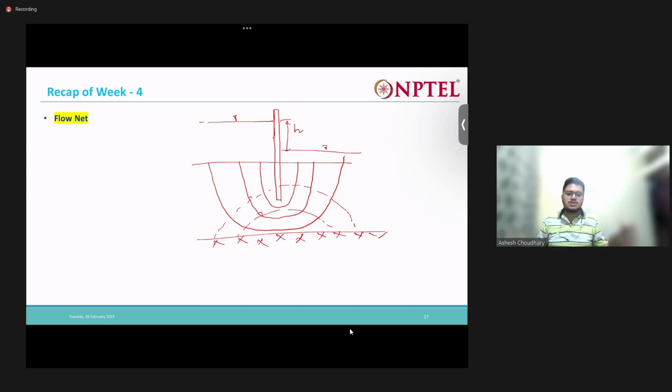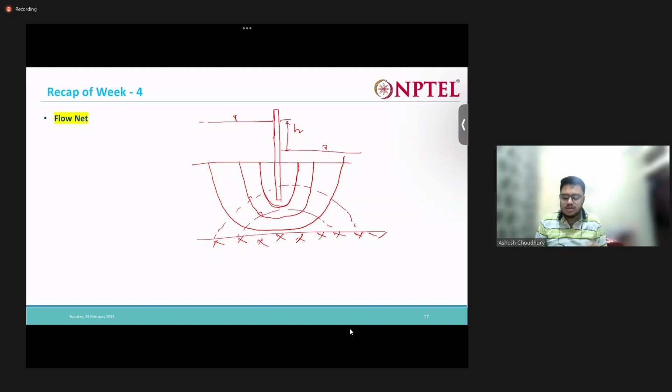After drawing our structure on a piece of paper, by trial and error we construct these flow lines. Flow lines and equipotential lines both have to be constructed using trial and error, right? So the flow lines which I will be drawing might not be the same as which you will be drawing. The flow net which I will be drawing might not be exactly the same as what you have drawn. So these are drawn based on trial and error.